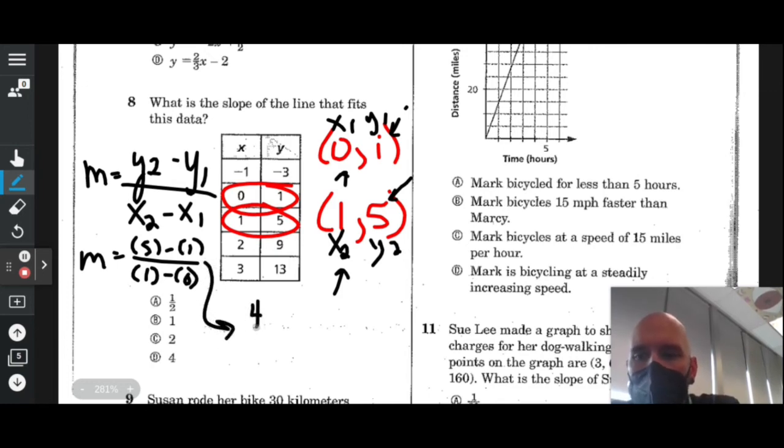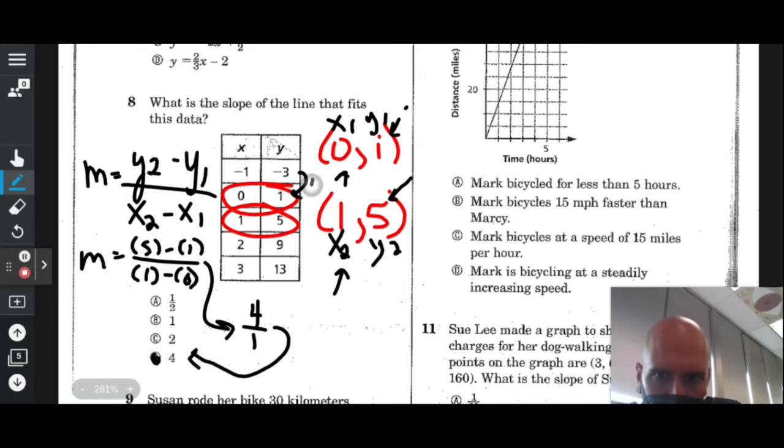Four over 1 is 4. Just like we saw in the pattern. Remember, the y's go up by 4, the x's go up by 1. So 4 over 1 is 4.